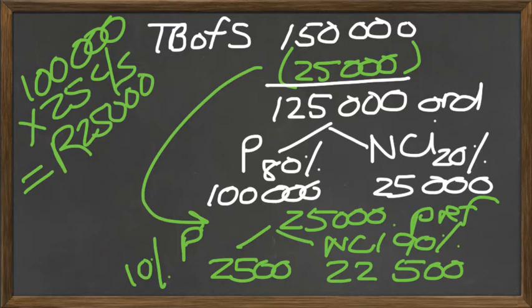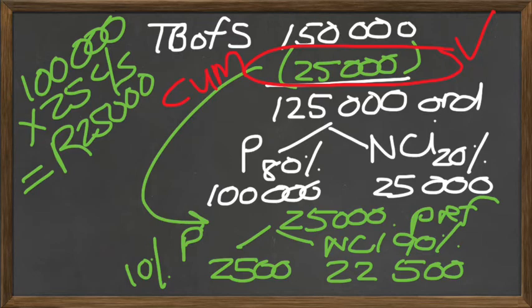When you are dealing with a cumulative preference shareholder, you will attribute this 25,000 Rand of the profit of the subsidiary every year, regardless of whether the preference dividend was actually declared in that year or not. Remember, I'm busy attributing. I'm saying how much is attributable to the equity participants.